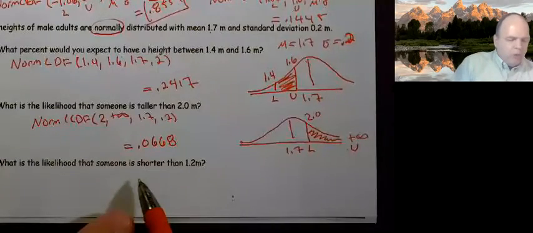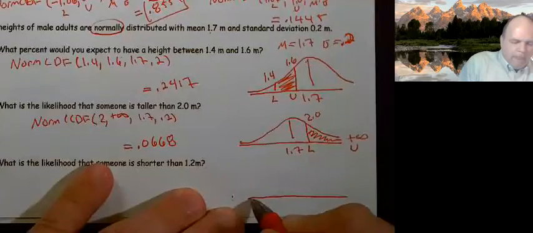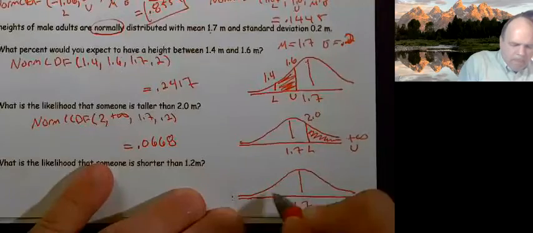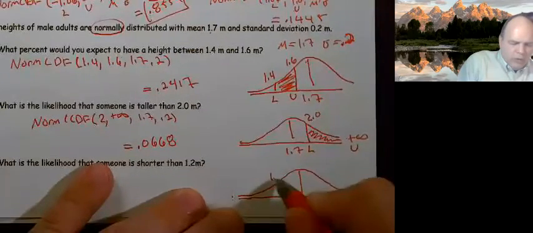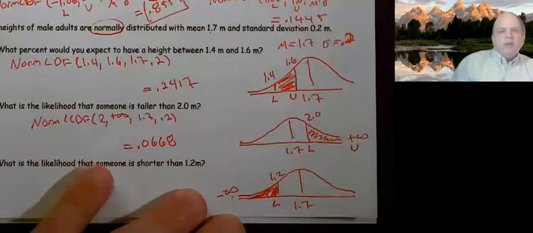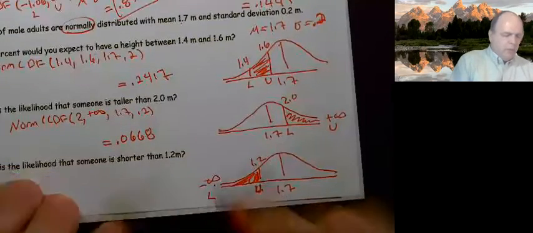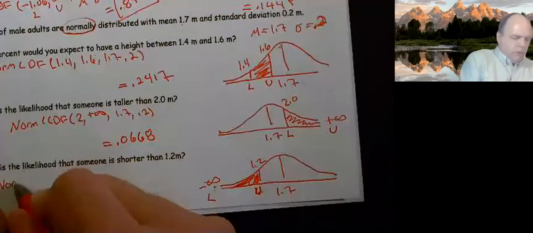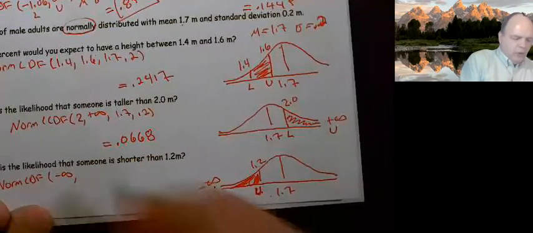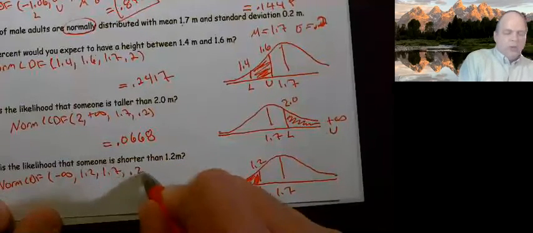What is the likelihood that someone is shorter than 1.2 meters? All right. 1.2 is the upper bound, and they said shorter, so we're going to negative infinity this time. So this is my upper, this is my lower. And this is norm CDF, negative infinity, up to 1.2, mean of 1.7, standard deviation of 0.2.